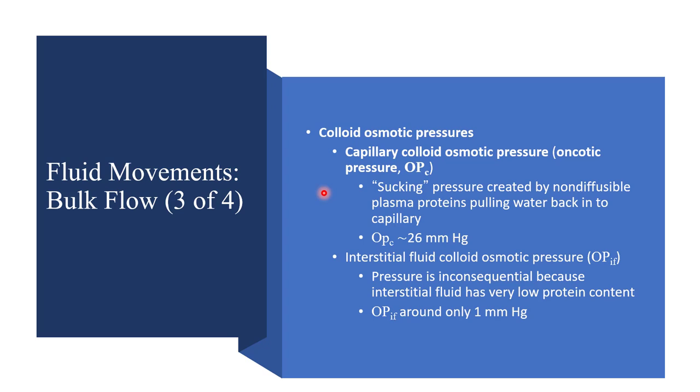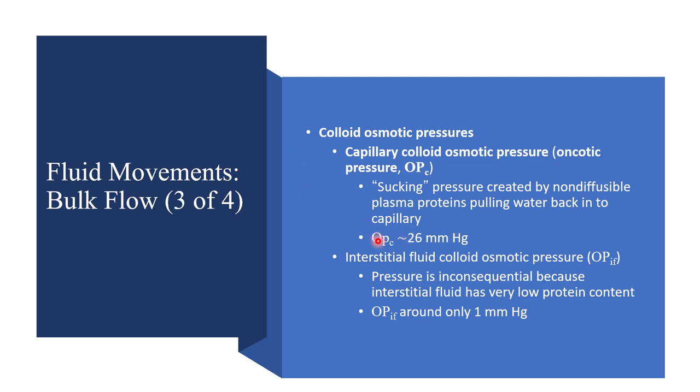Then you have the second opposing pressure. The first one is hydrostatic. The colloid pressure is the sucking pressure created by non-diffusible plasma proteins, such as your albumin, pulling the water back into the capillary. So they're acting like a sponge.